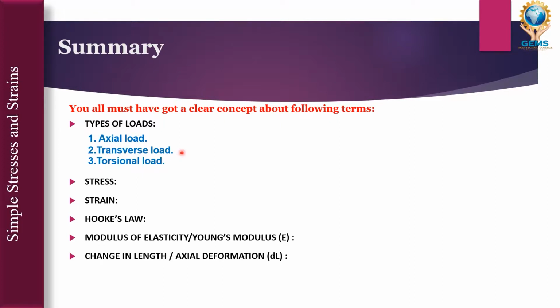The second thing we studied is stress. What is stress? Sigma is equal to P by A, that means force per unit area, and its unit is Newton per meter square.